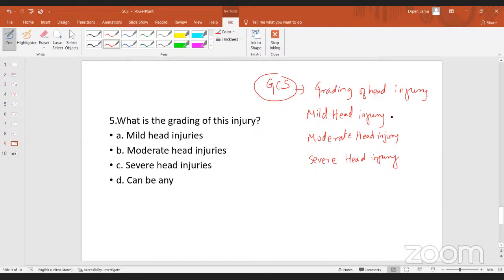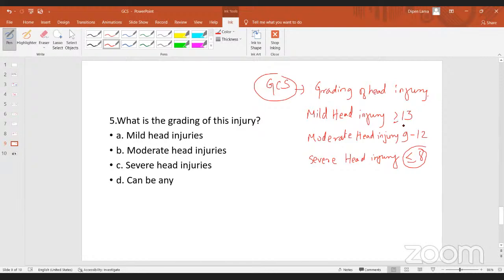For mild head injury, we have a score of greater than 13. For moderate head injury, 9 to 12, and for severe head injury it is less than 8.